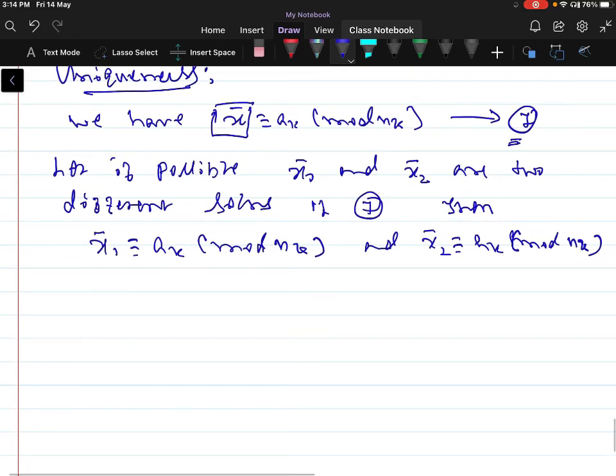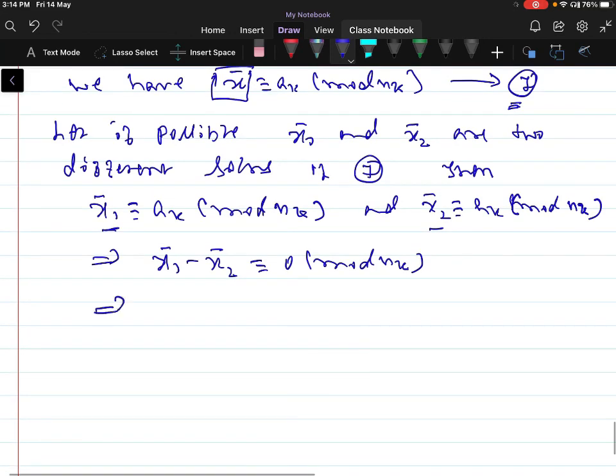So this implies x1 bar minus x2 bar is congruent to ak minus ak, that is 0, modulo nk.